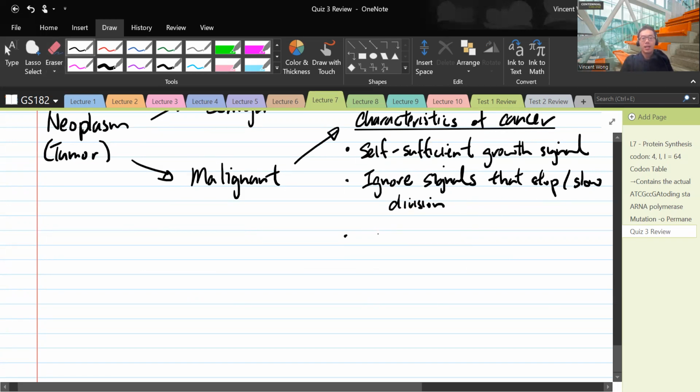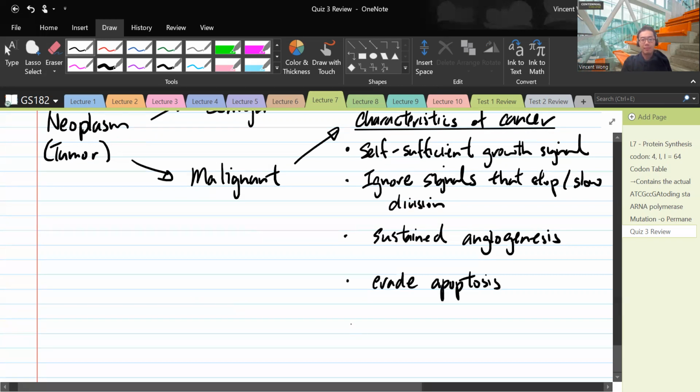Next one is sustained angiogenesis. Again, these are in no particular order, I just write them as they come to my mind. Sustained angiogenesis means they can create their own blood vessels, which supply nutrients to the tumor. It sucks the nutrients out of your body to supply its growth. They evade apoptosis. They won't die.